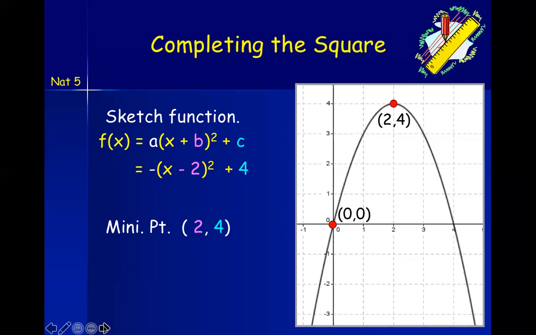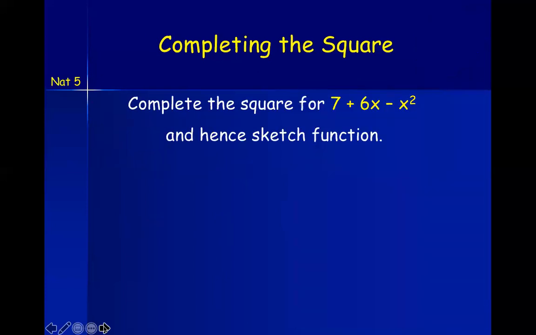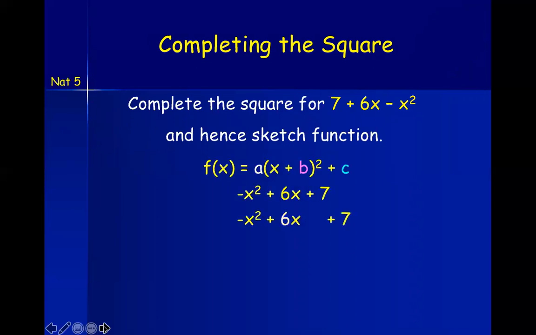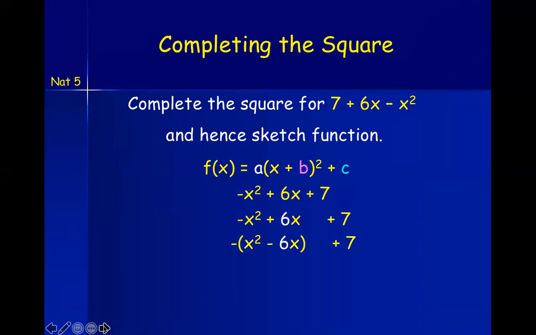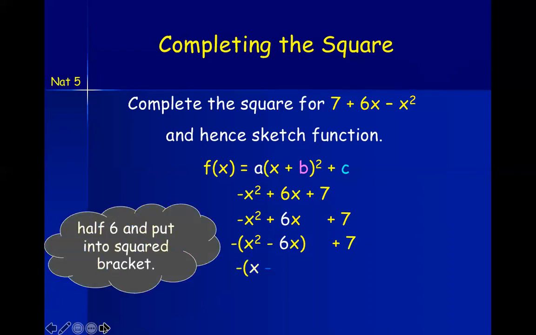Okay, so instead of a happy face, this time we've got a sad face. Similar to what we've just done, complete the square. Again, I'm going to rewrite this as minus x squared plus 6x plus 7. I'm going to put negative outside to make it easier. So negative (x squared minus 6x). I'm going to halve the negative 6, which will become negative 3, so (x minus 3) squared.